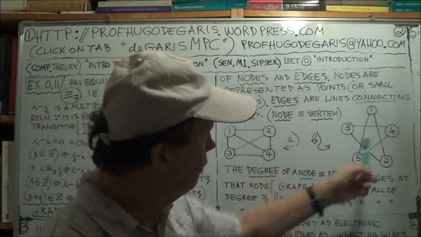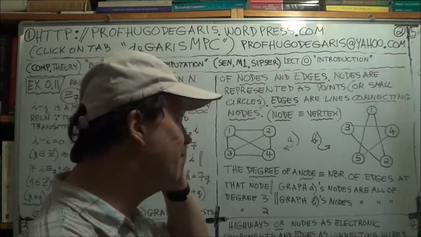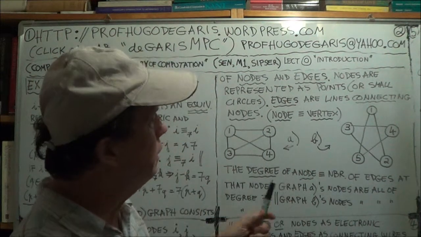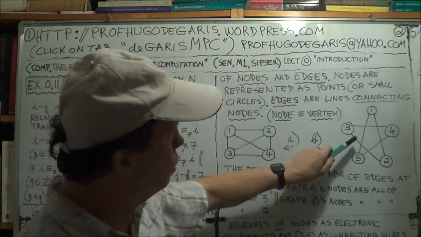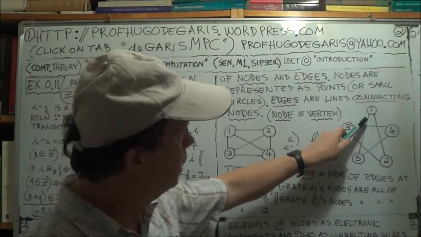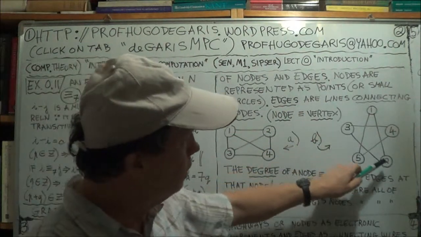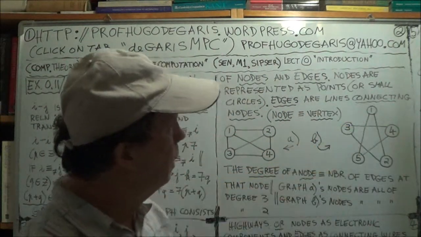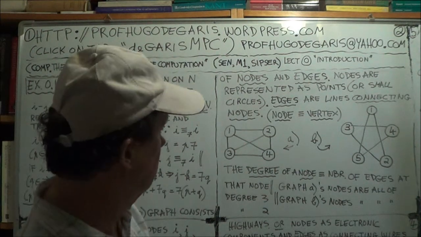Now here's another graph with 5 nodes, and the degree of each node is 2, because there are 2 edges at each. What are these lines called again? Can you remember? They're called edges. So each of these nodes is touched, what's the word?